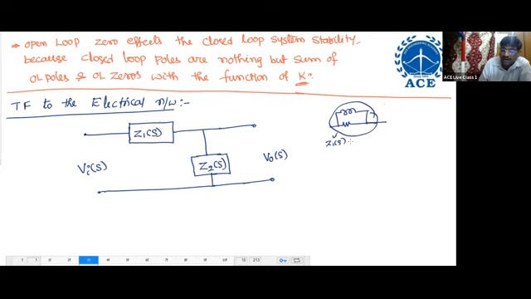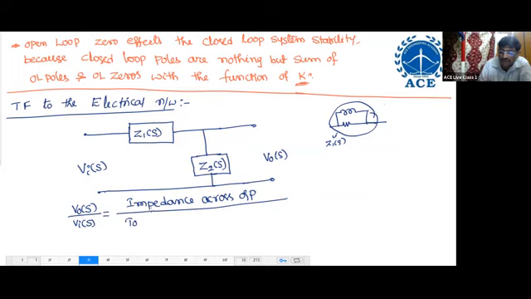Okay? Now once you get this, the transfer function V naught of S by VA of S equals impedance across output divided by total circuit impedance.